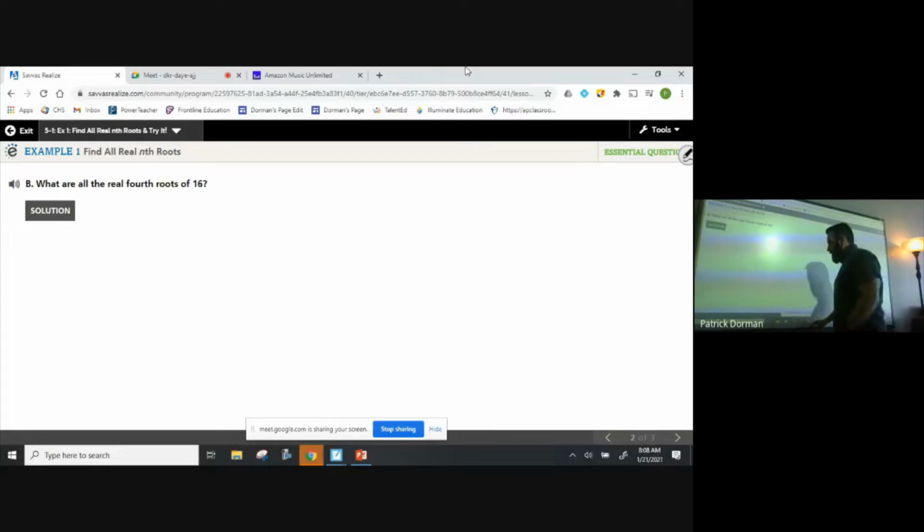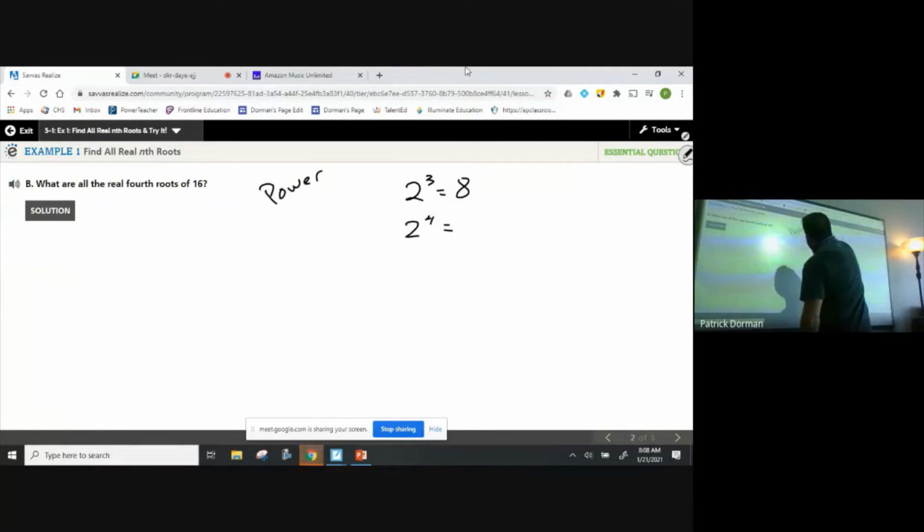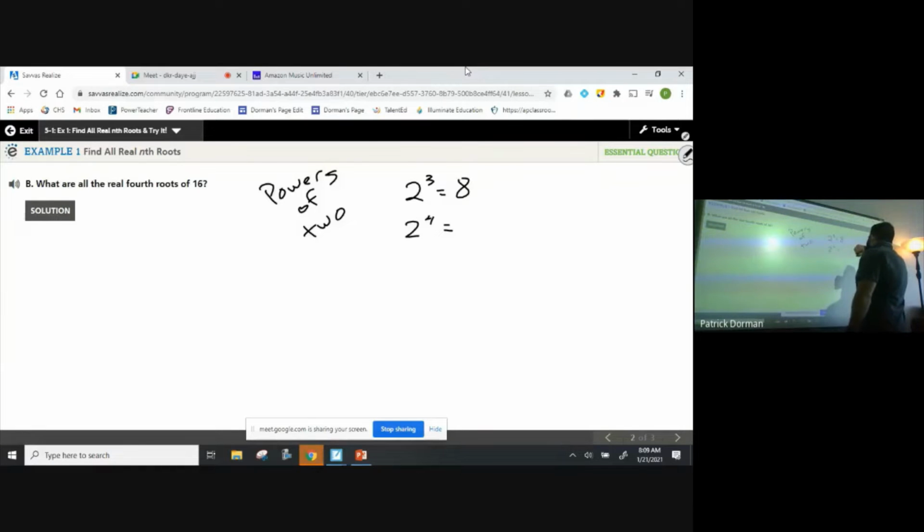Another thing you're going to need to have in the back of your mind are powers of 2. 2 to the 3rd power is 8, 2 to the 4th power is 16.